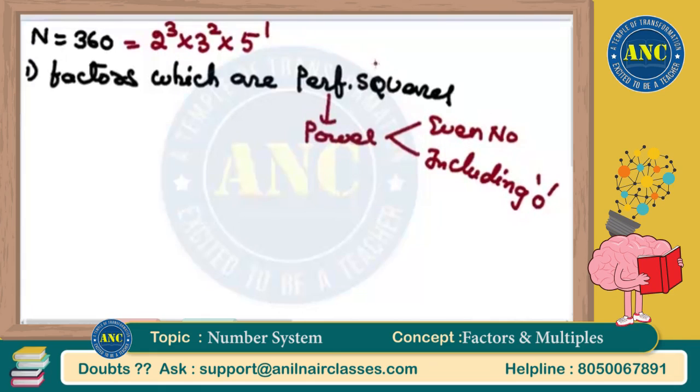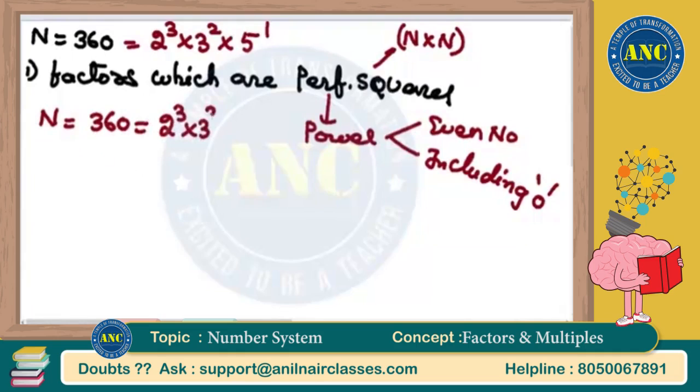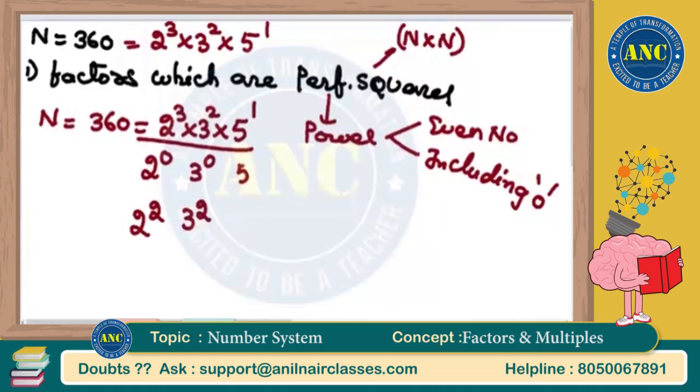A perfect square is nothing but a number multiplied by itself. If a number is multiplied by itself, obviously the power will be an even number including 0. So we only have to take powers that are even numbers including 0. 360 is 2 cube into 3 square into 5 power 1. Here we take 2 power 0, 2 power 2, 3 power 0, 3 power 2, and 5 power 0.